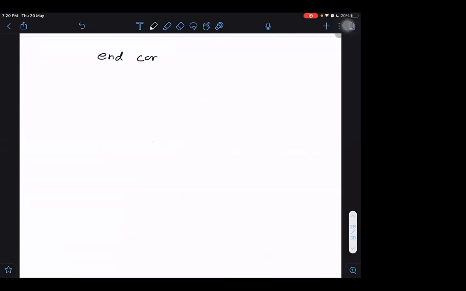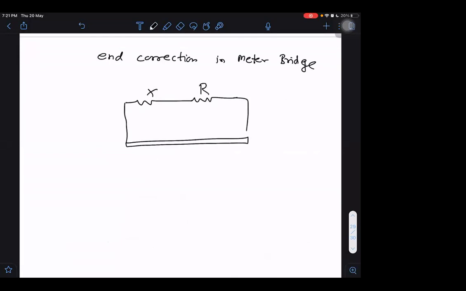And correction in meter bridge, what does it mean? That is also one thing which we should know. If I have a meter bridge, unknown resistance, known resistance, you notice at point A and at point B there will be connection.